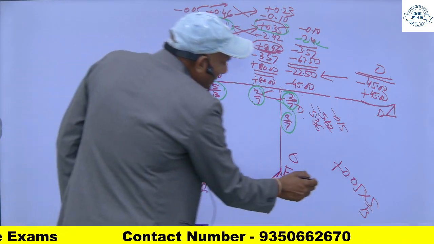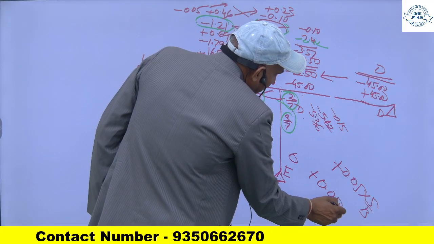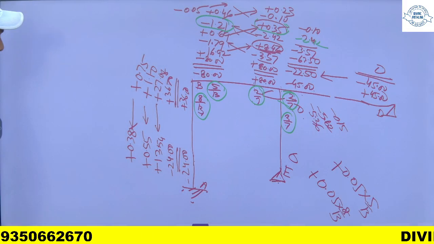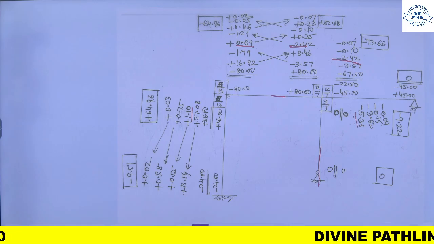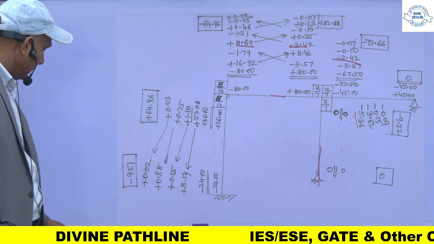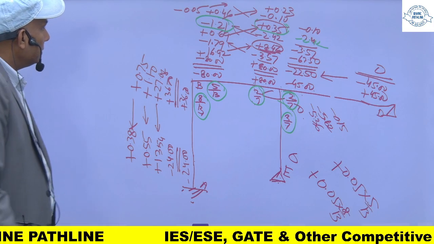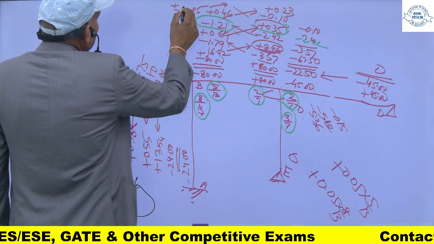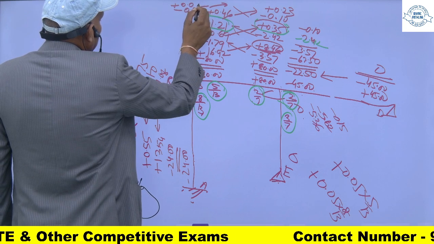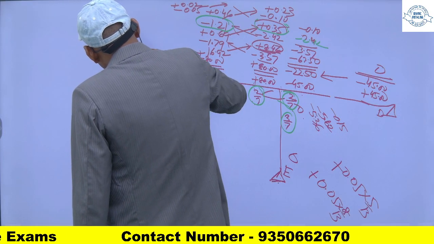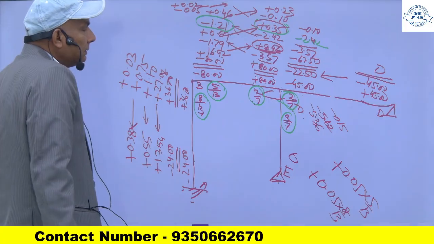For this member, I will multiply it by 8 upon 13, and this I will get 0.02 and 0.03. So it will be plus 0.03.